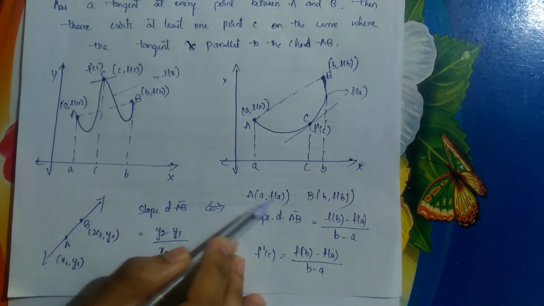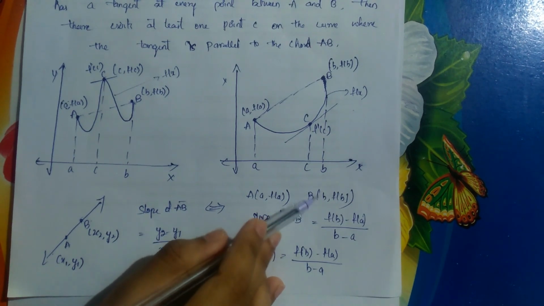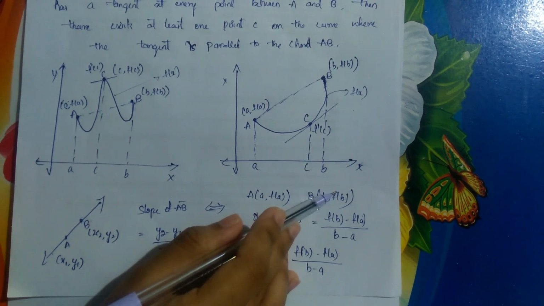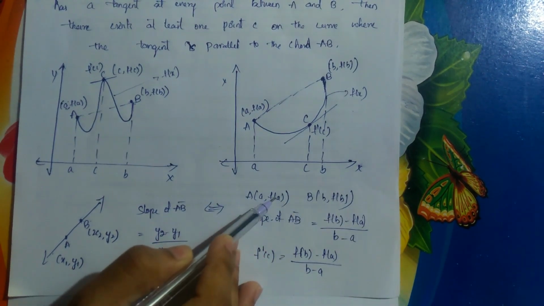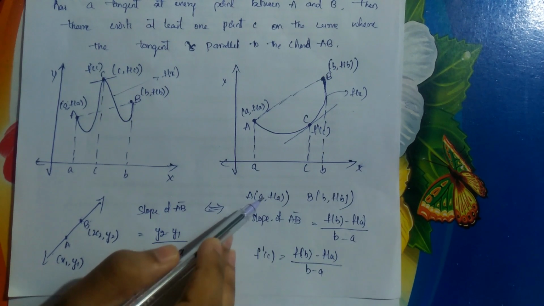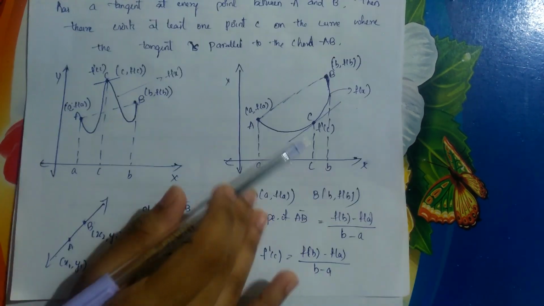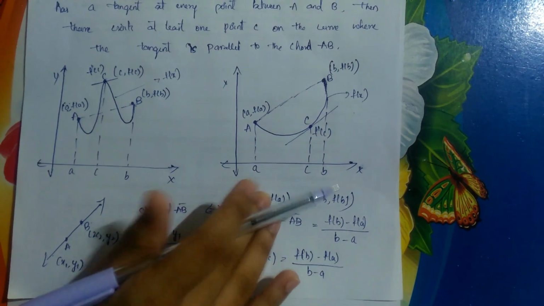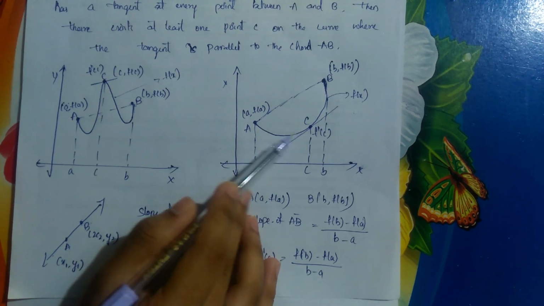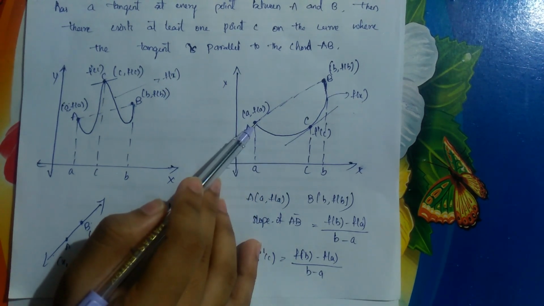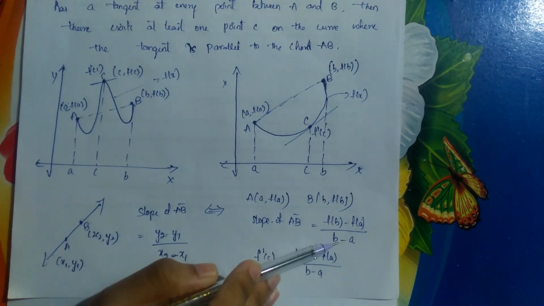This is an x coordinate and this is a y coordinate, and here also this is an x coordinate and the y coordinate of the second point. By this method, the slope of AB is f of b minus f of a divided by b minus a. Here for the tangent, we are differentiating the function, f dash of c. It means we are finding the slope of this tangent, and the chord AB has a slope of f of b minus f of a by b minus a.